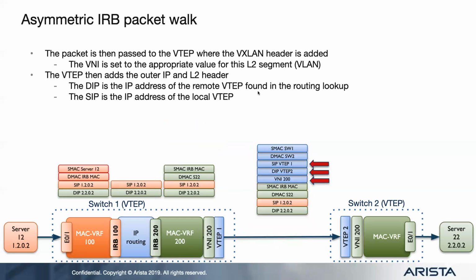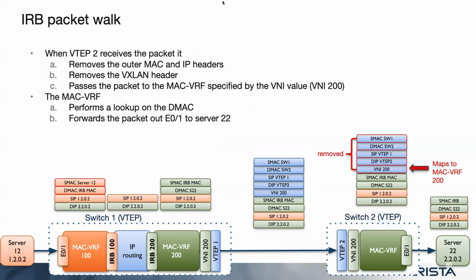So let's move forward. Now your packet has come here, and VTAP2 has received the packet. It will remove the VXLAN header and strip it off. Based on this, it knows that it has to forward this packet into VLAN 200.